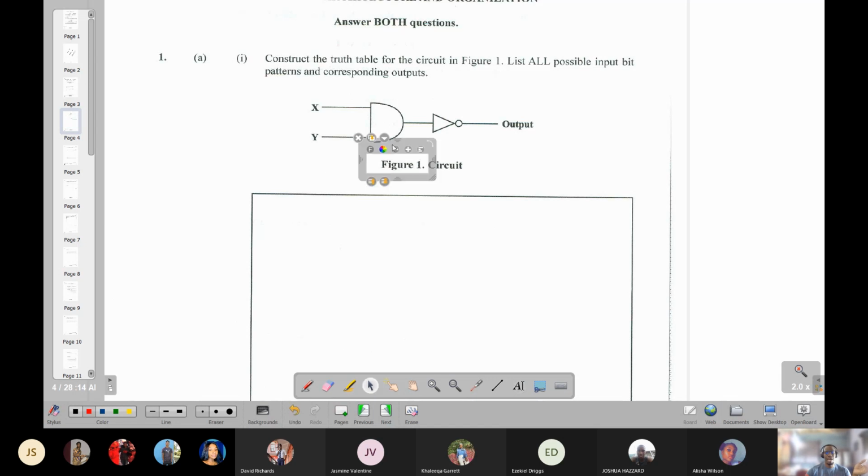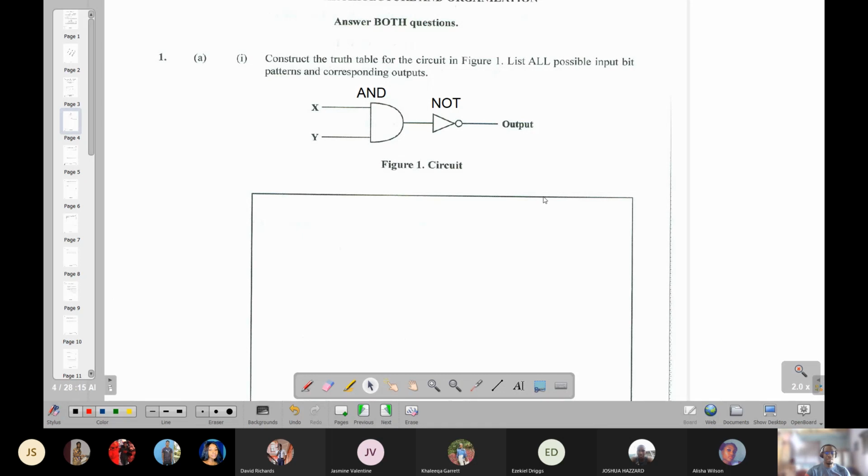So we know that this is an AND gate right here, and this is a NOT gate right after it. So basically we're taking the output of X and Y and we're inverting it.